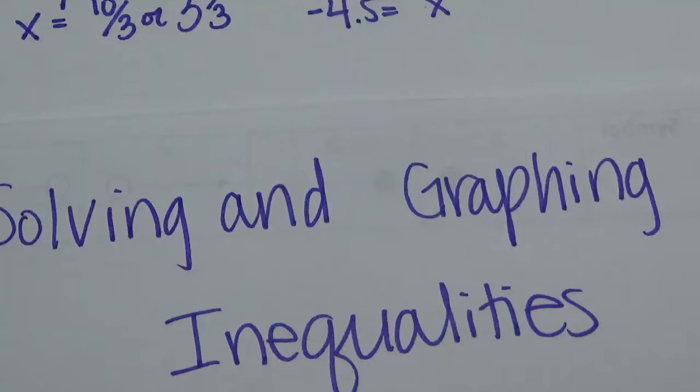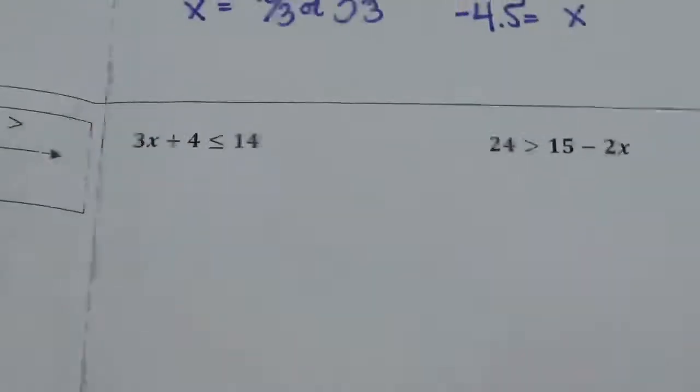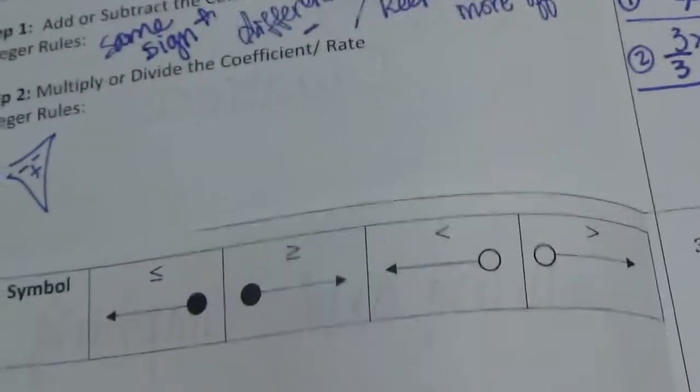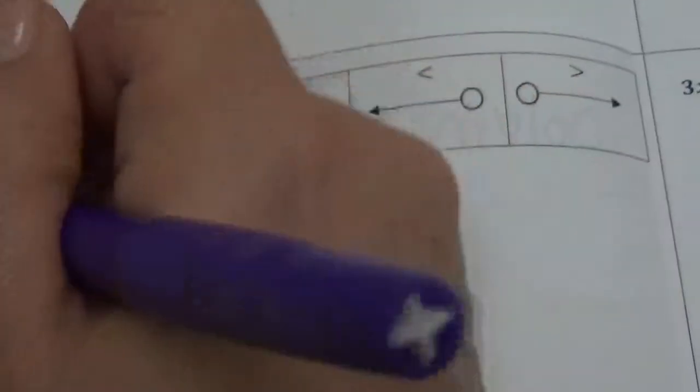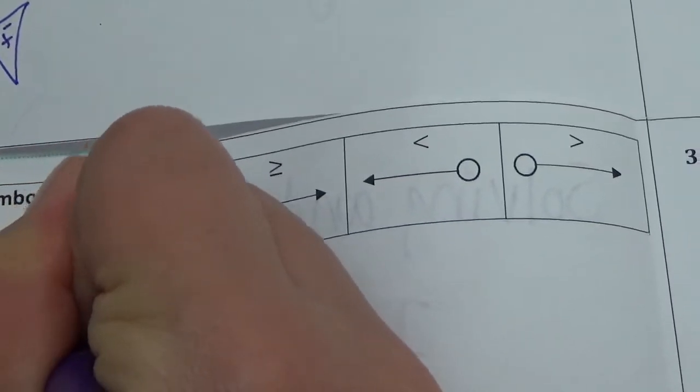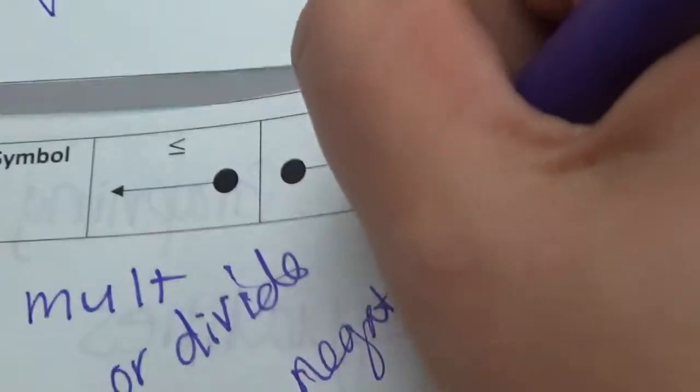All right, next we're on to solving and graphing inequalities. So here we have our little symbol cheat sheet. And the one thing to know about solving inequalities is that if you multiply or divide by a negative, the symbol needs to flip.